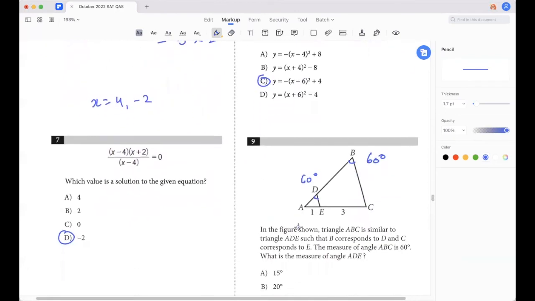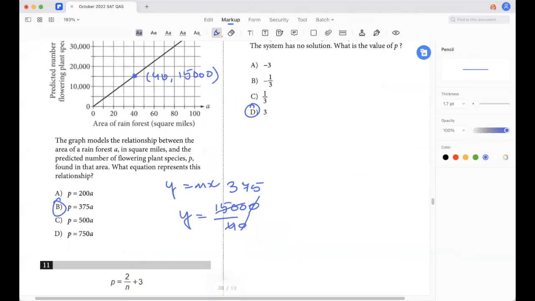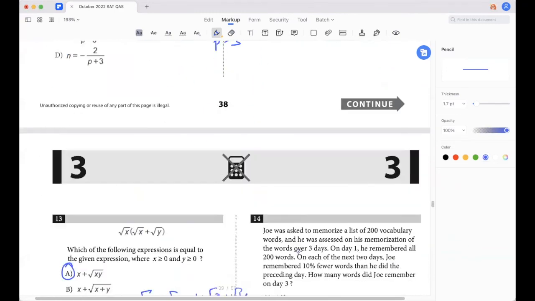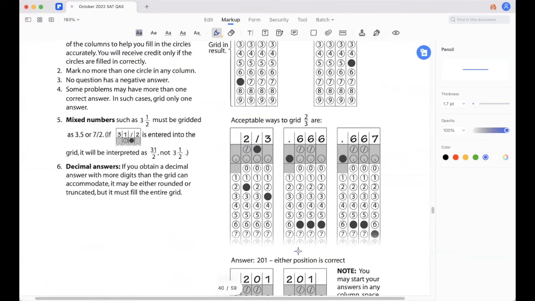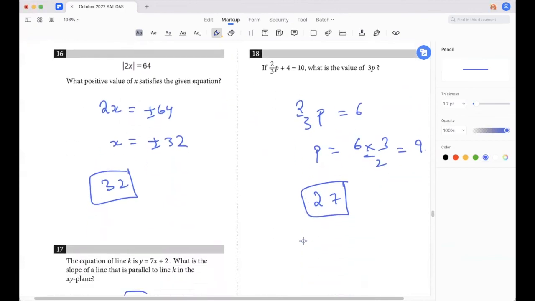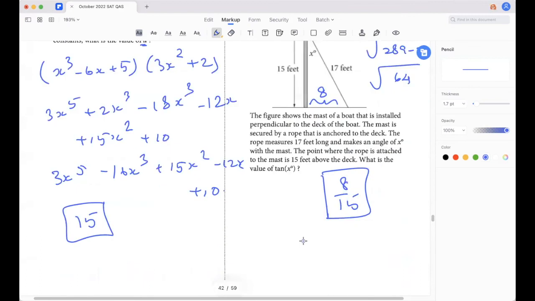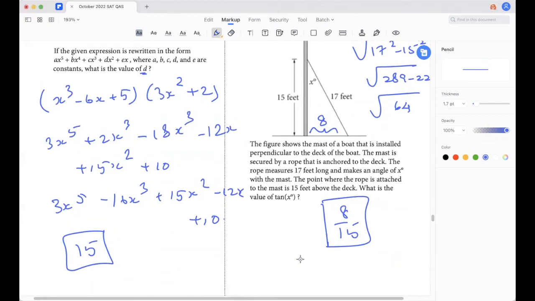C, D, C, D, B. 11. C, D, A, B, B. And 16. 32, 7, 27. 19, 9 and 8 by 15.